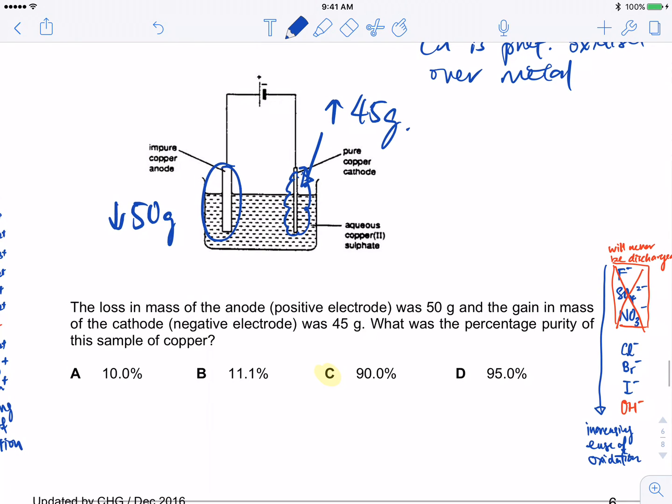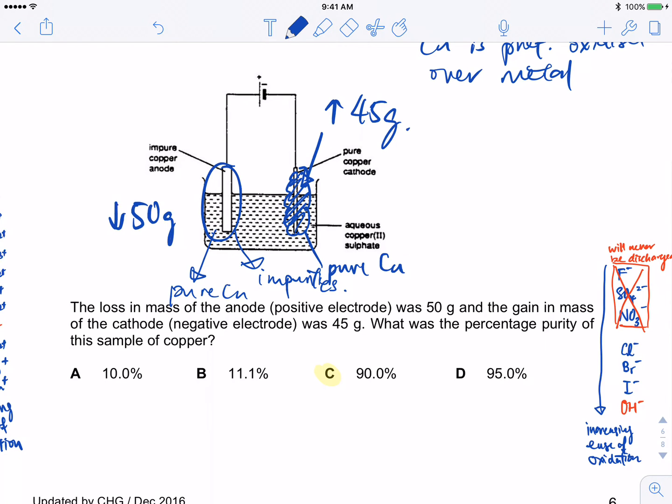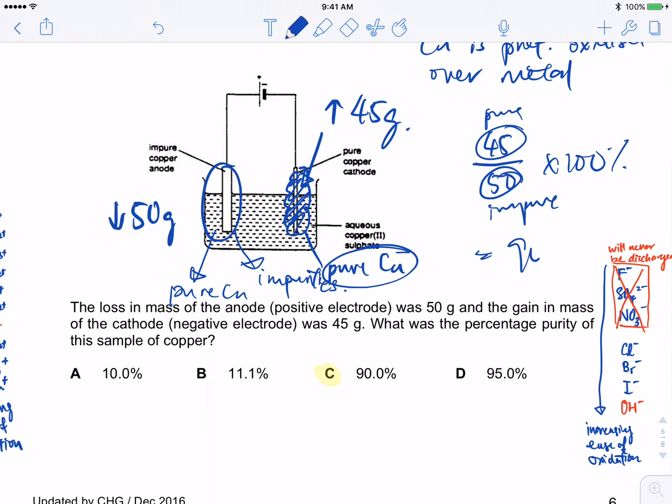So what's plated over here are your pure copper. What is lost over here is your pure copper as well as your impurities. So your pure copper would be 45 over 50. Okay, this is percentage purity. Pure over impure times 100%, 90%.